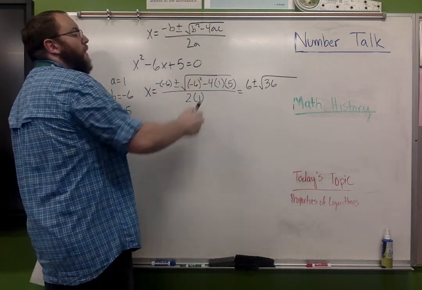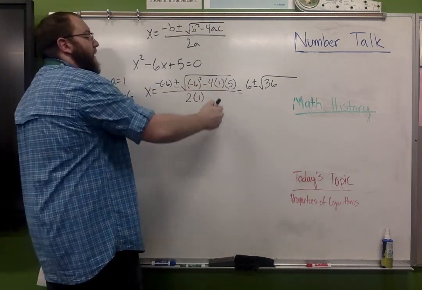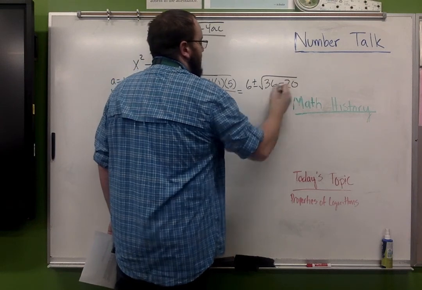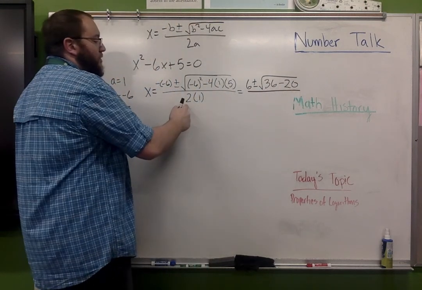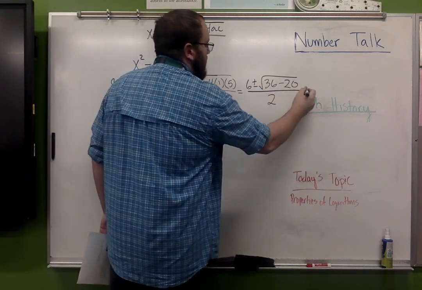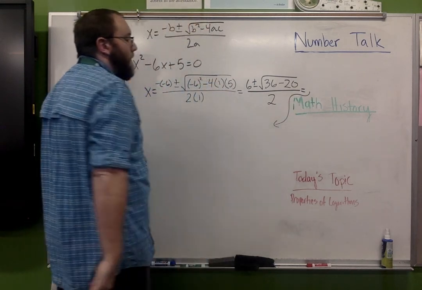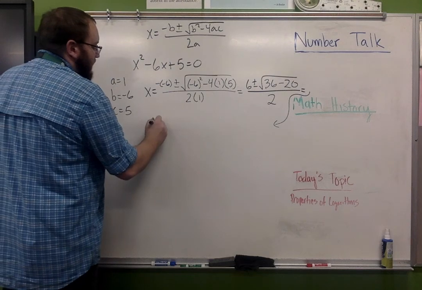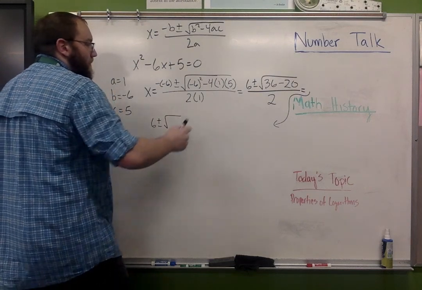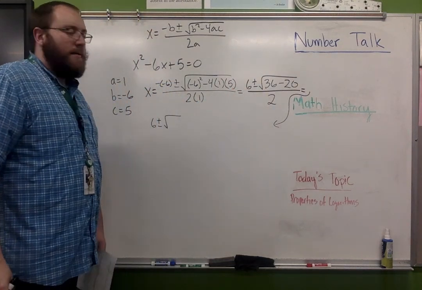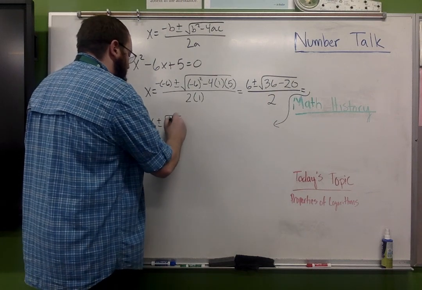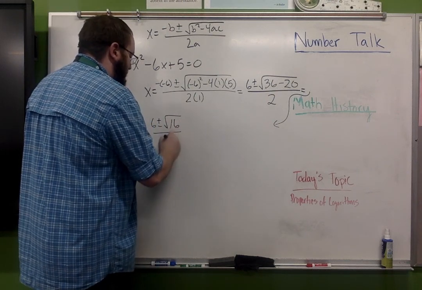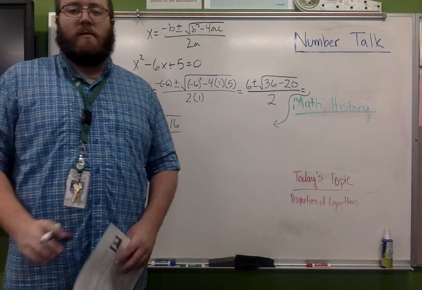Negative 4 times 1 is negative 4. Times 5 is negative 20. And then 2 times 1 is 2. And then we have 6 plus or minus the square root of 36 minus 20, which is 16, over 2.